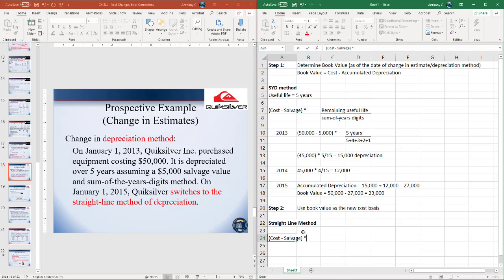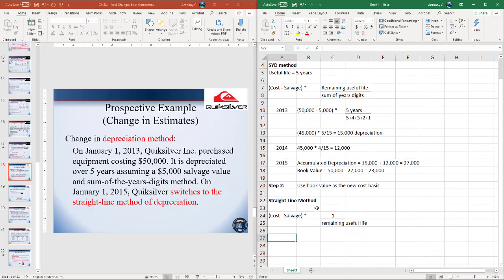And again, we can multiply that by a depreciation rate. Right, for straight line, depreciation rate is 1 over the useful life. However, in this case, since we are making a change in the depreciation method, the denominator will be the remaining useful life.